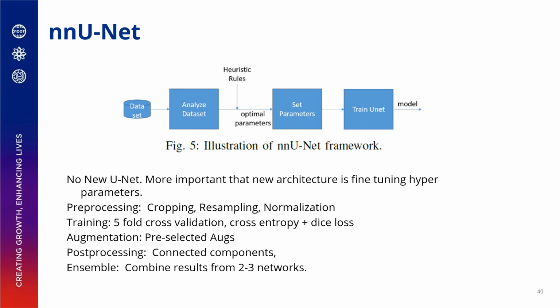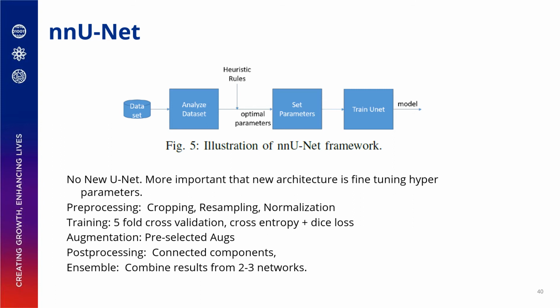For post-processing, they use connected components. So if you do, let's say, segmentation in 2D, you're getting per-slice segmentations, right? Then you can look at the neighborhoods to see whether you missed some segmentation. Or let's say you're looking for vessels inside your 3D segmentation, and a couple of voxels are not connected.